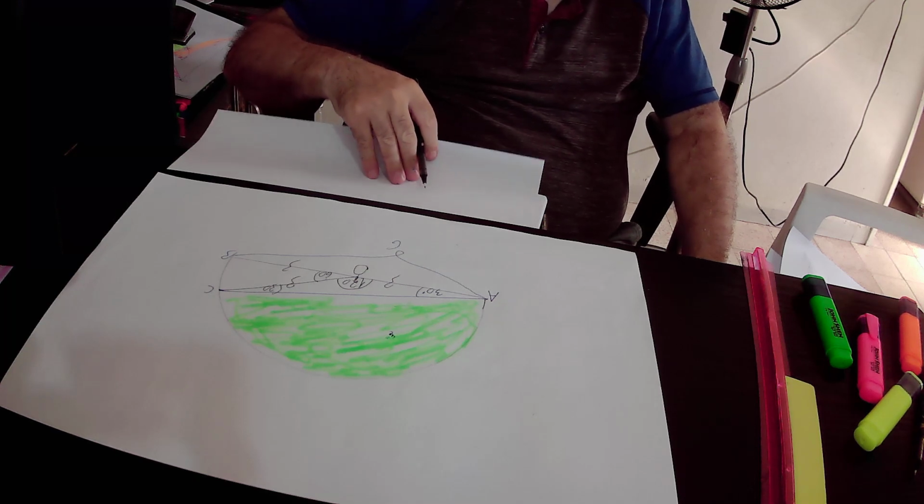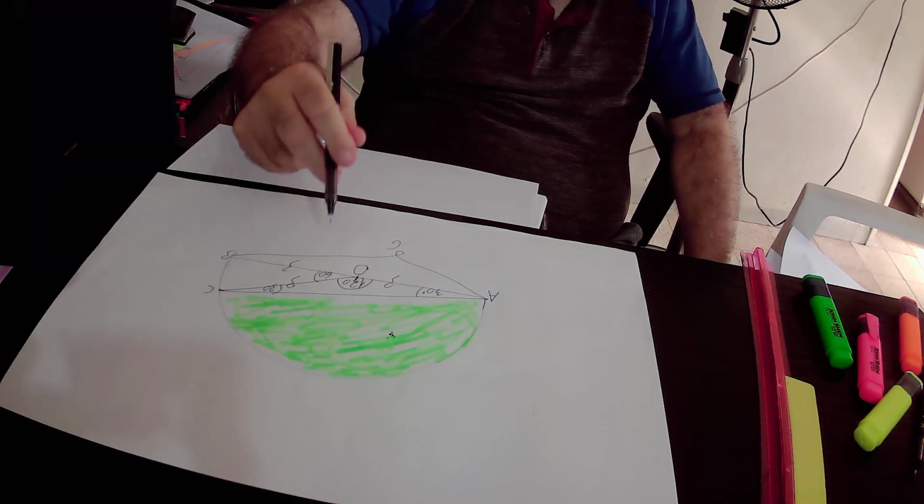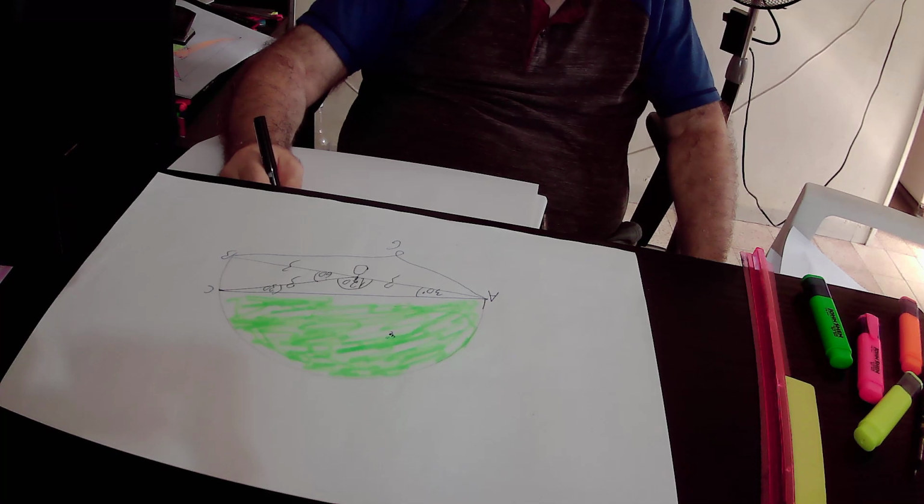In the next step, I will copy sector COB onto a new page, and we find the area of this sector according to the new formula.